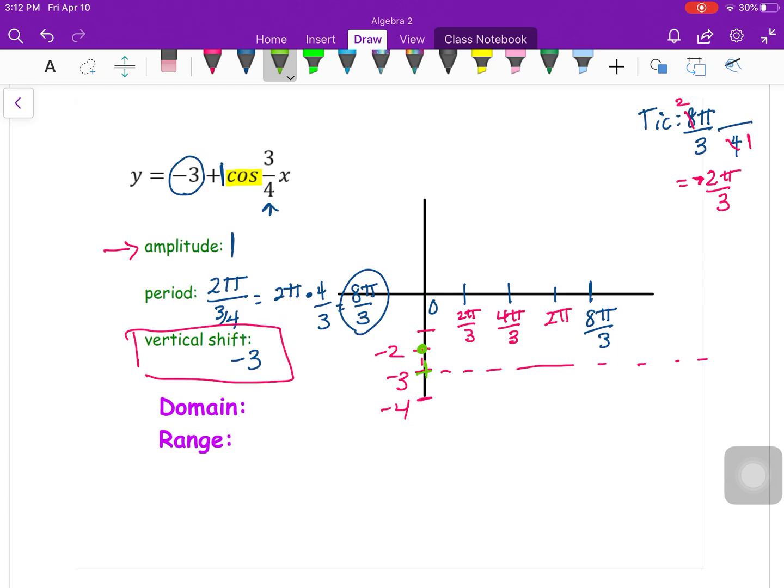So here was my shift. 1, 0, back to 0, down, back to midline, up. I'm going to curve through those. Since it's cyclical, x is all reals. This time my range went from -4 to -2.